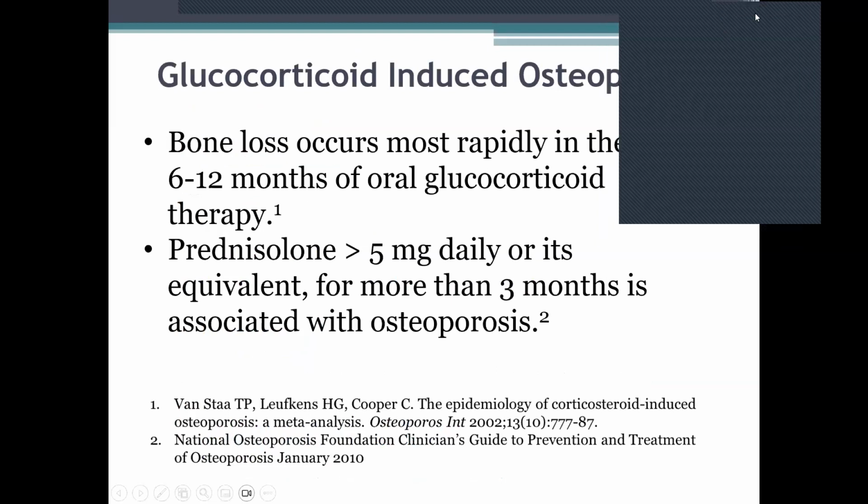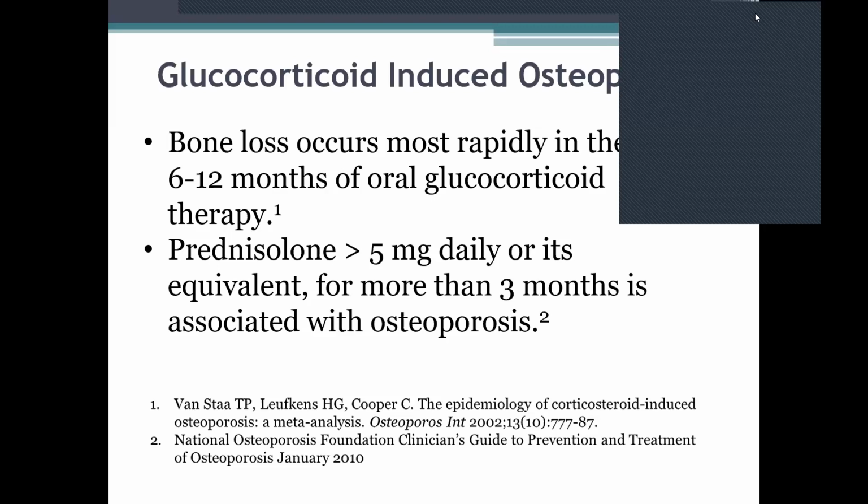So this is something that's very common. If you have patients who are on steroids, so some patients have many other conditions, rheumatological problems, or even severe asthma, connective tissue disease, and they may be on prolonged course of steroids.